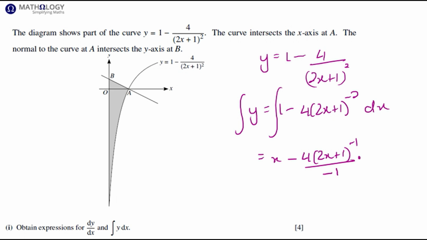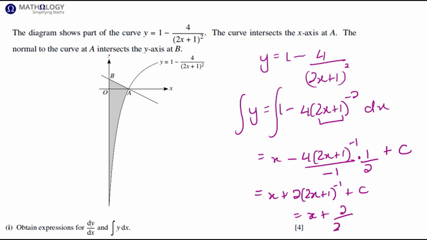And we also have to divide by the derivative of 2x plus 1, so we divide by 2, plus c. So that'll equal x plus 4 divided by 2 is 2 times (2x plus 1) to the minus 1 plus c. Just clean that up a little bit. x plus 2 over (2x plus 1) plus c.